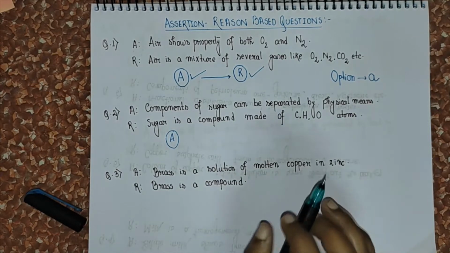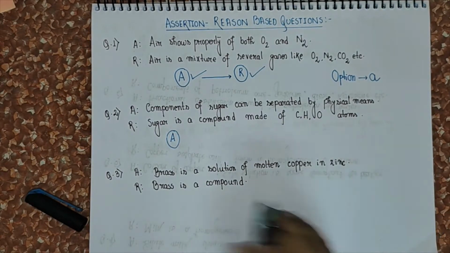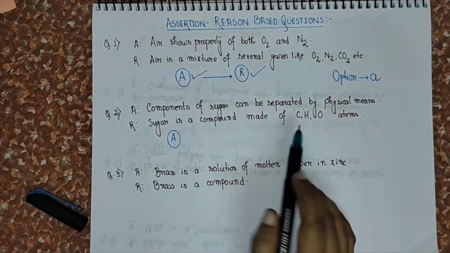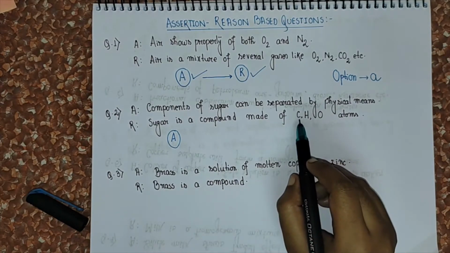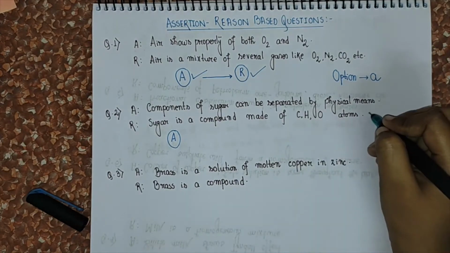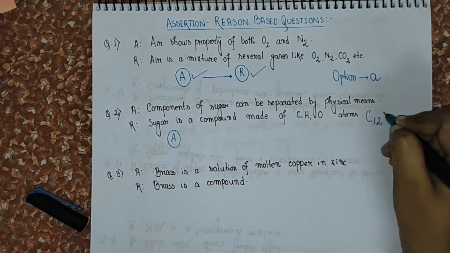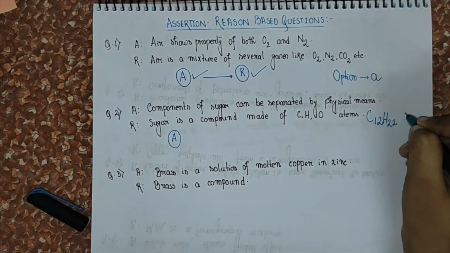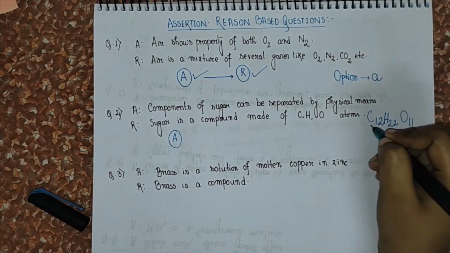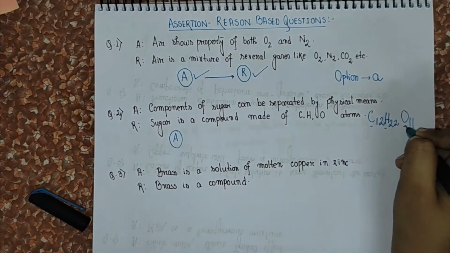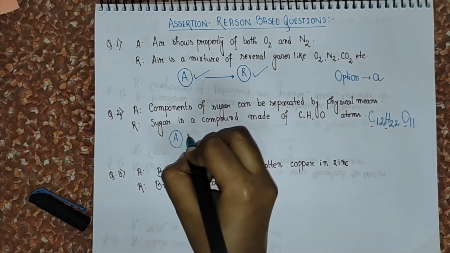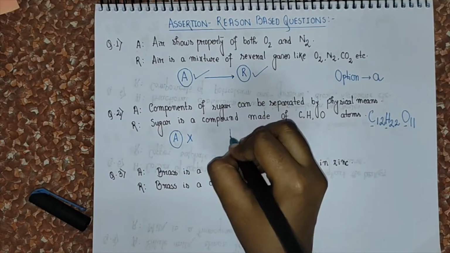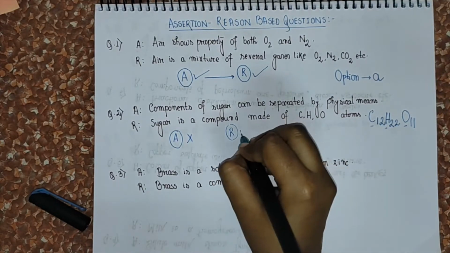Some chemical means is required to separate the components. And what are the components present in sugar? Carbon, hydrogen and oxygen, this is right. The formula of sugar is C12H22O11. So obviously carbon, hydrogen and oxygen elements are present here. So the assertion is incorrect and the reason is correct.